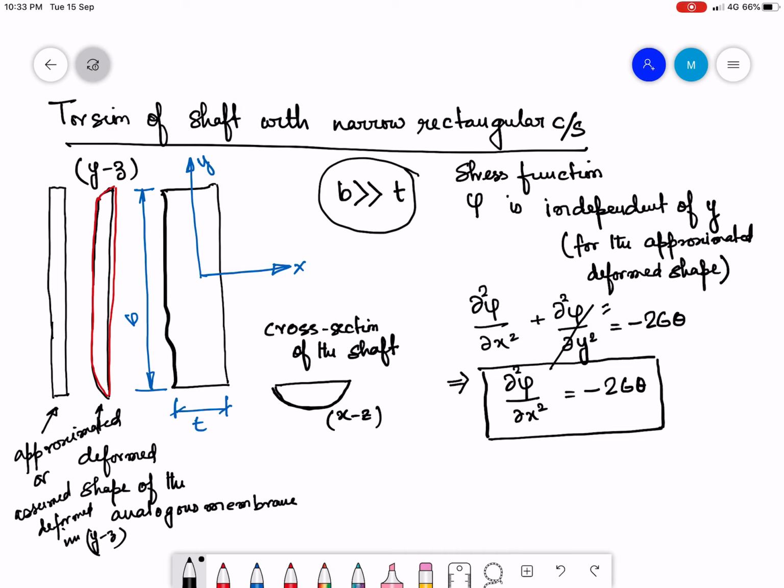Now, I have to integrate this. If I integrate, I get phi equal to minus G theta x square plus C1 x plus C2, where C1 and C2 are integration constants.